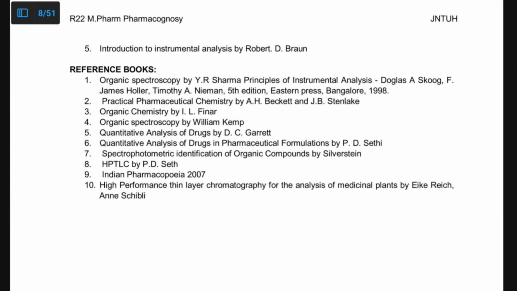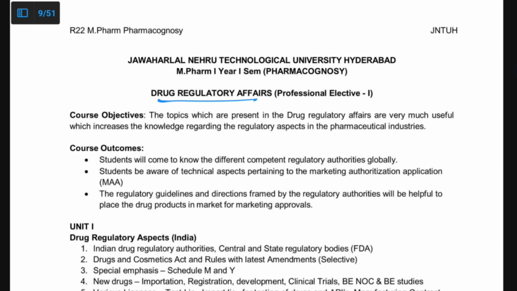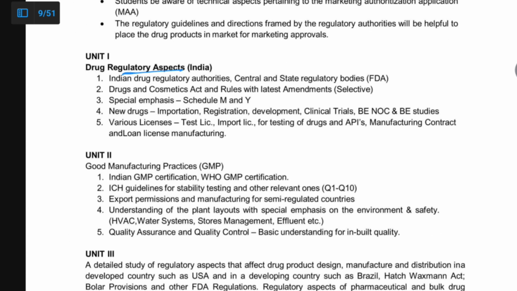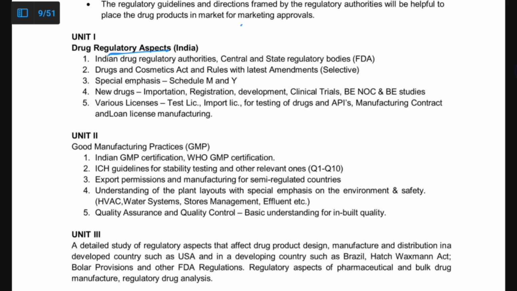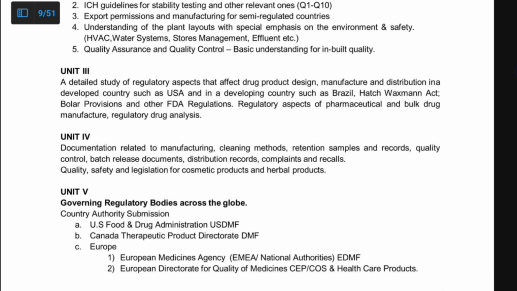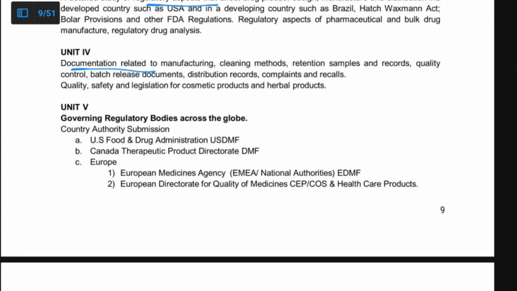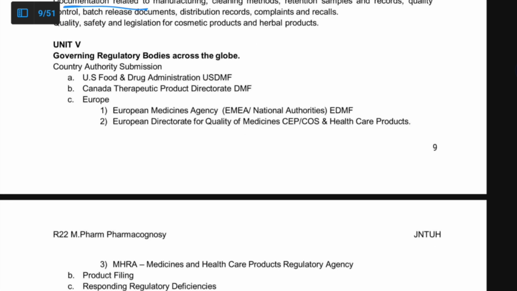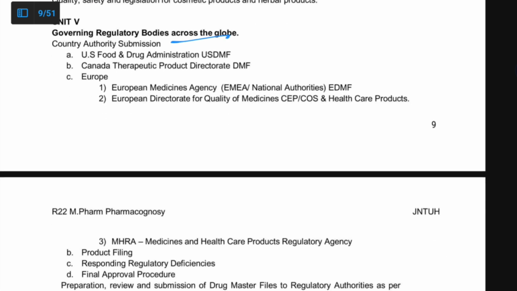And then we have drug regulatory affairs: drug regulatory aspects in India, good manufacturing practices, detailed study of regulatory aspects, documentation related to manufacturing and governing regulatory bodies across the globe.